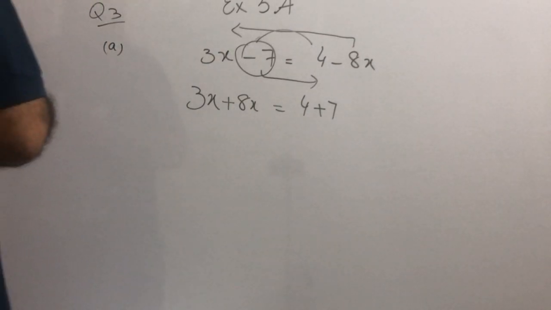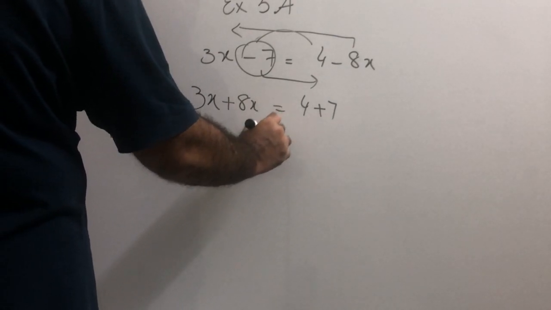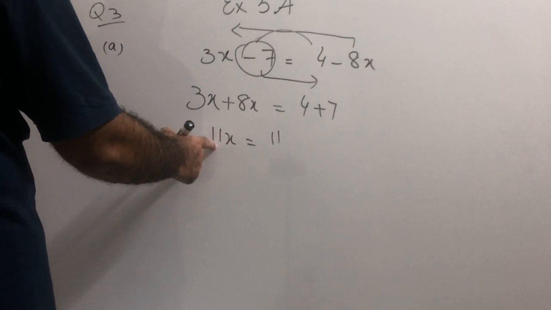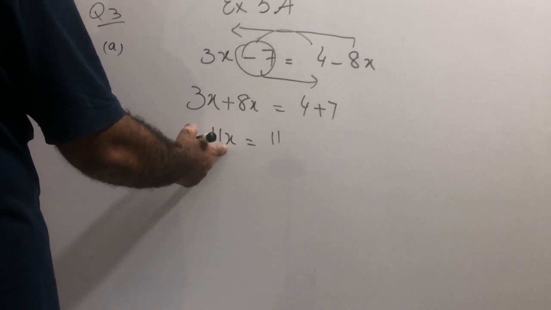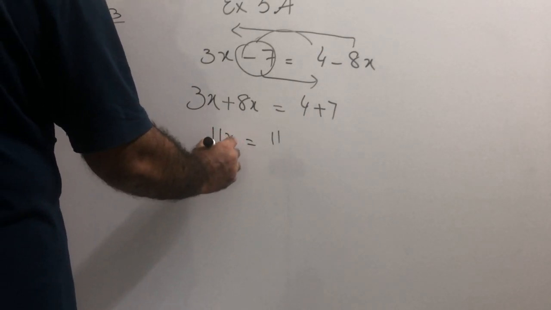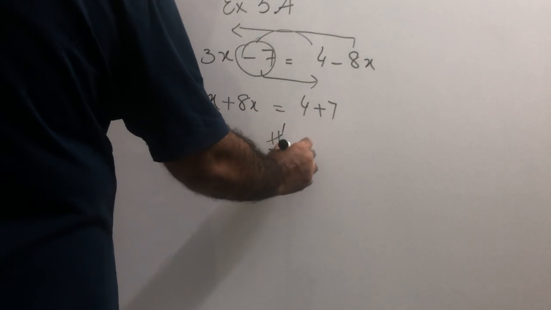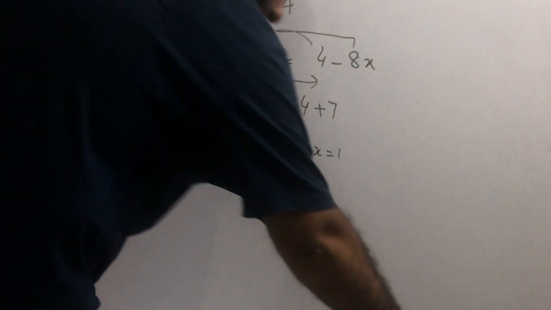Now we add these two, 3x plus 8x, it becomes 11x. 4 plus 7 is 11. 11 is being multiplied with x. We need to get rid of 11. We only want to see x alone on the left side. So divide both sides by 11. 11 ones are 11. So it means x is equal to 1. This is the answer for part A.